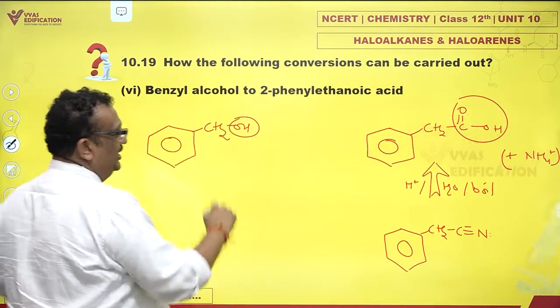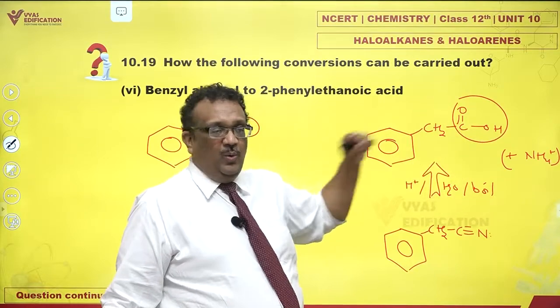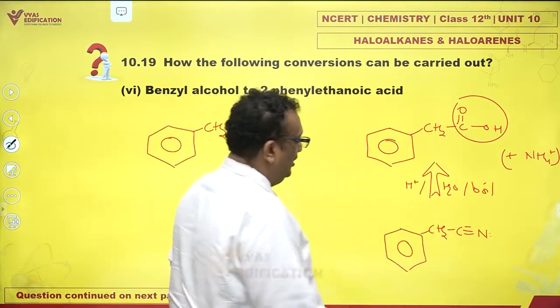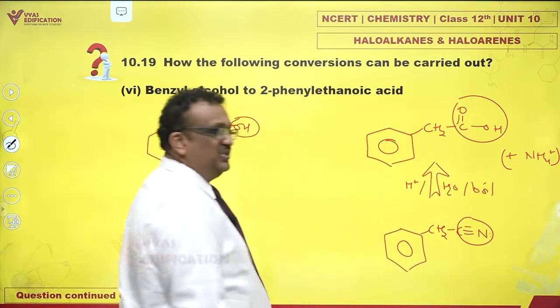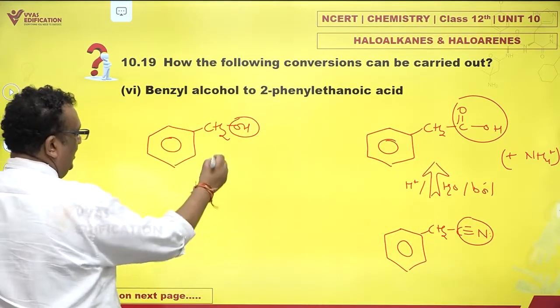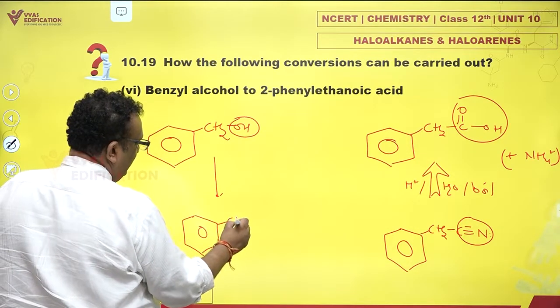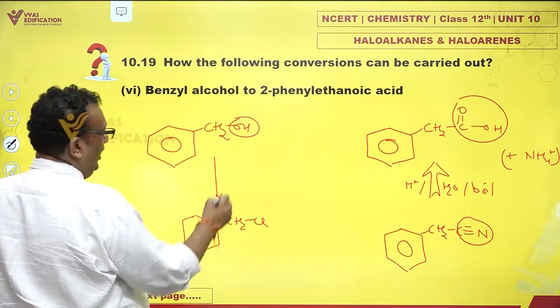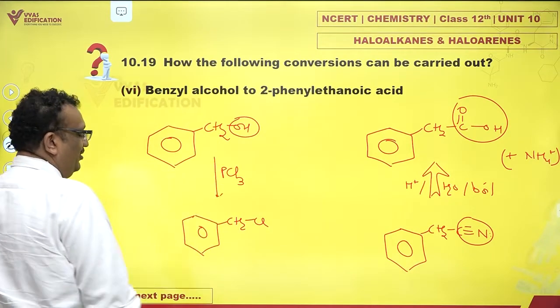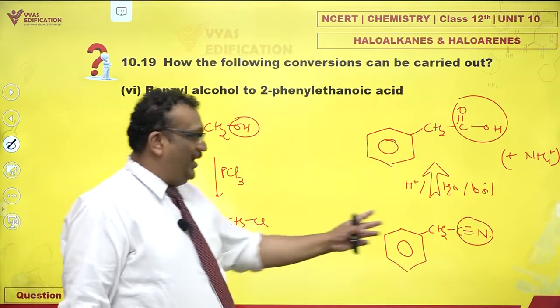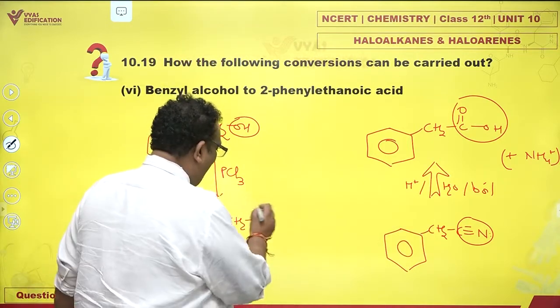Now OH, instead of changing it to COOH, my job is now limited to changing OH to CN. Now OH is not a group which is very easily removed, but I could actually change this to chloride by simple PCl3. Wow, yes. I have this, and chloride has to be changed to cyanide, my dear, come on.